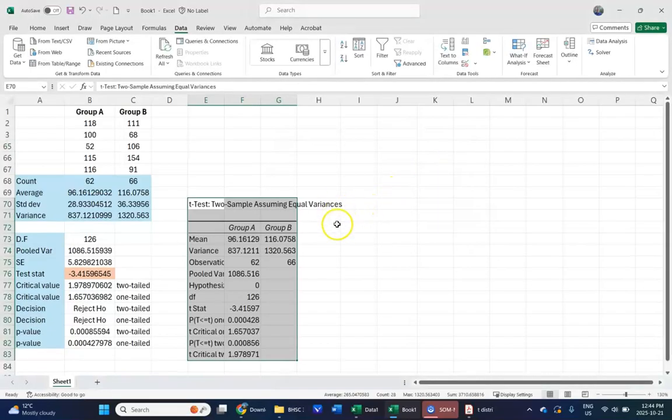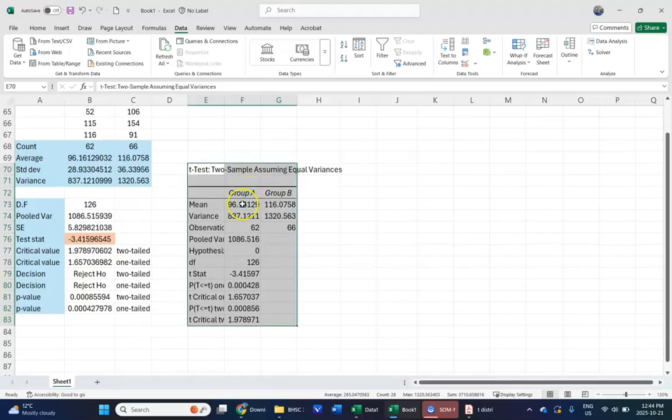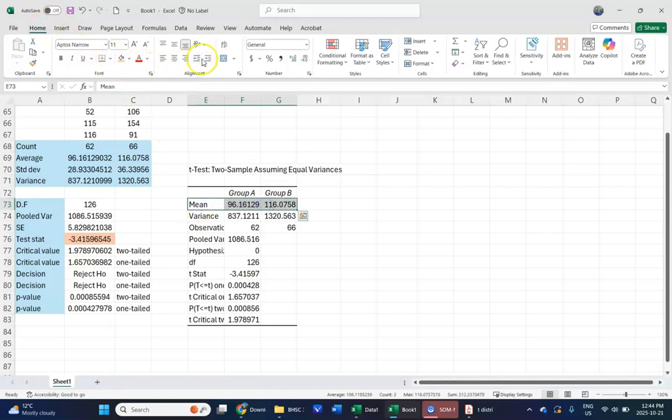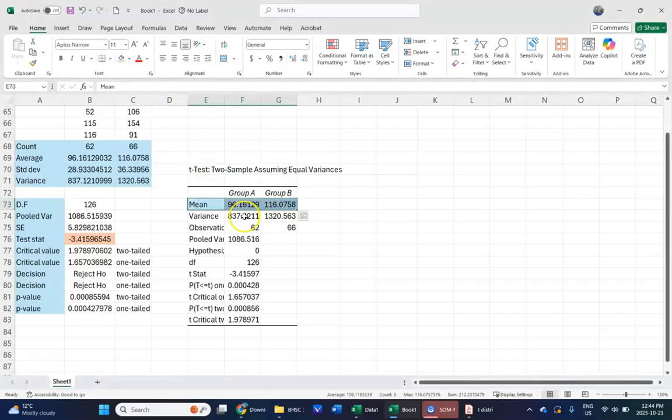And this summarizes everything that we've done already. There's the averages, same averages we've previously calculated. Let's just color code that as well. The variances, we have the same variances as we did before. The observations, which is the count, and the degrees of freedom, which we have.